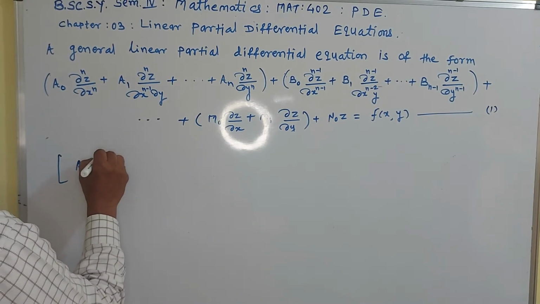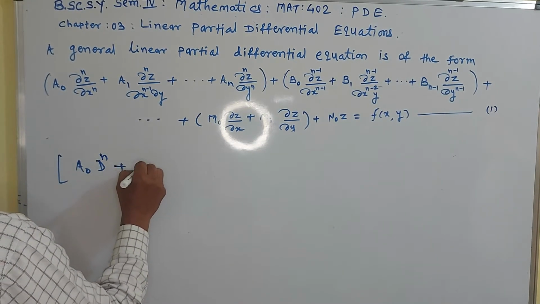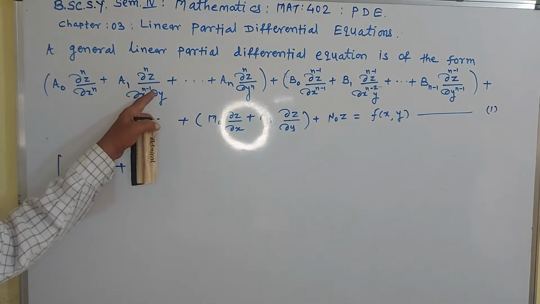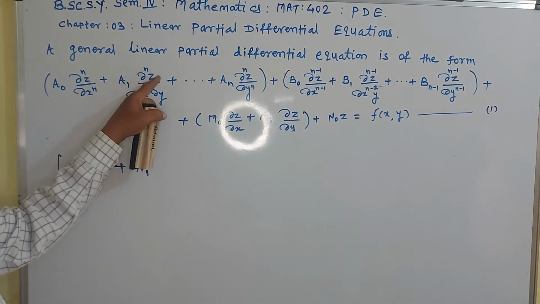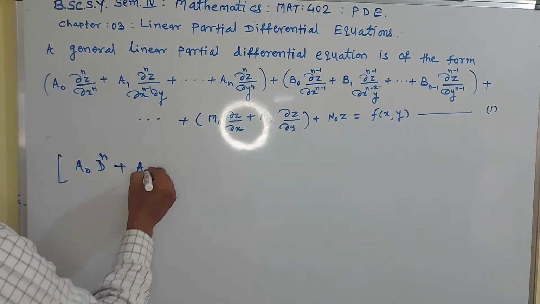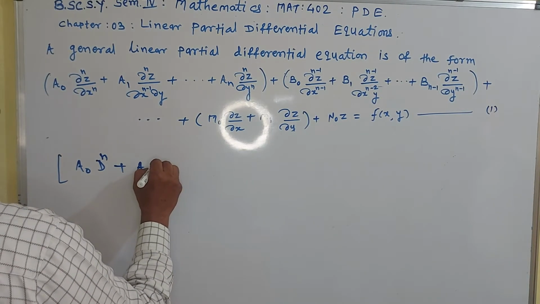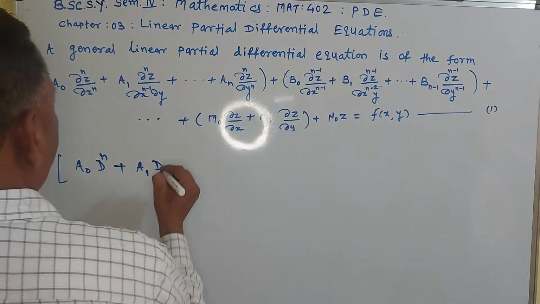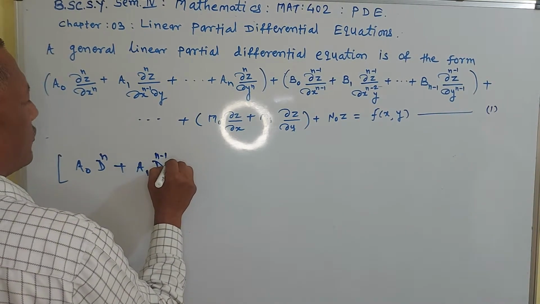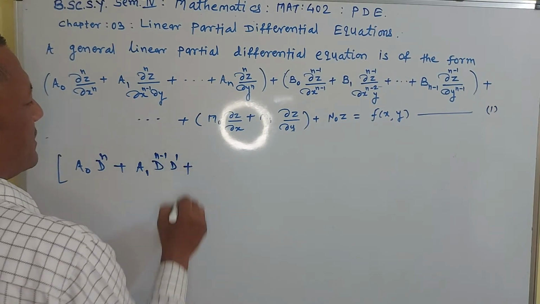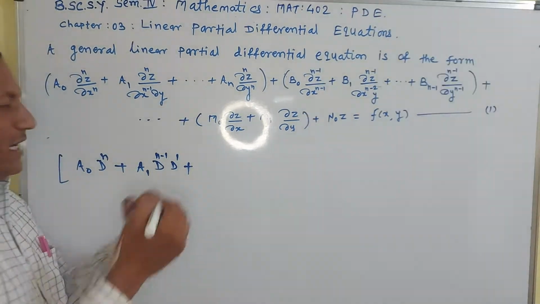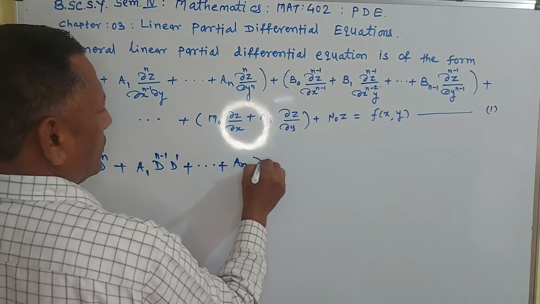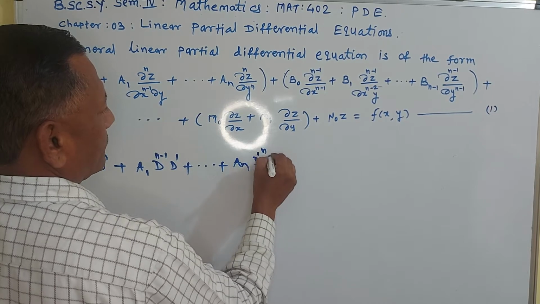Therefore, this is D raised to n plus a1 into ∂^n z by ∂x^(n-1) ∂y, this can be written as D raised to n minus 1 into D dash, plus a2 D raised to n minus 2 into D dash squared, plus and so on up to an into D dash raised to n.